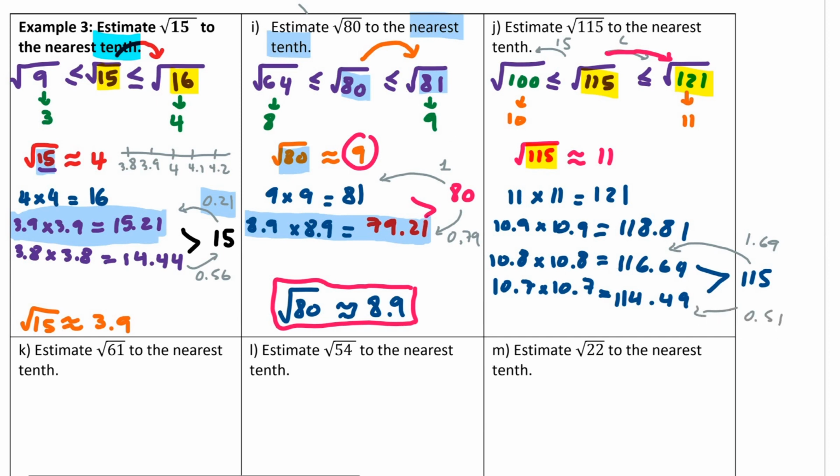So the winner is 10.7. So this will be your final answer. The square root of 115 is approximately 10.7. Alright, go ahead, please pause the video and try the next 3 before you check the answer with me.